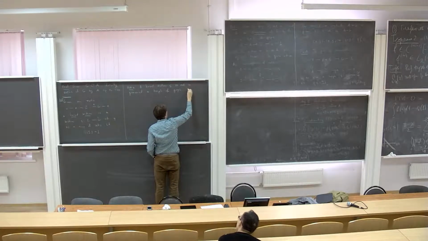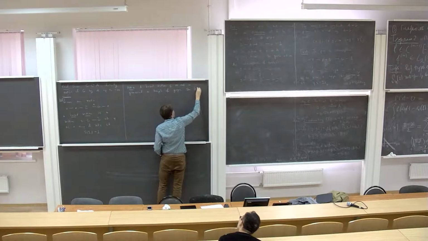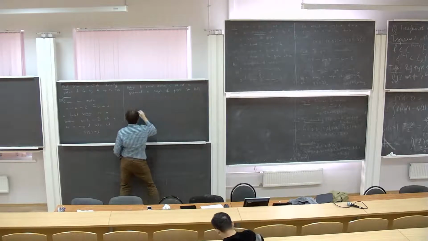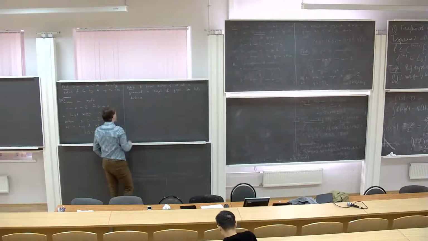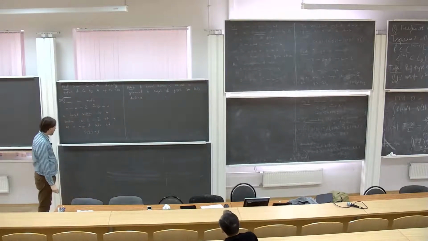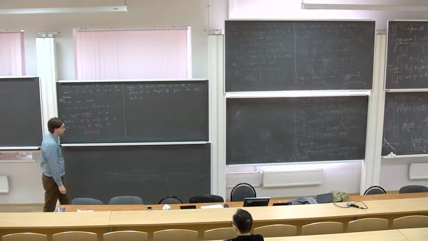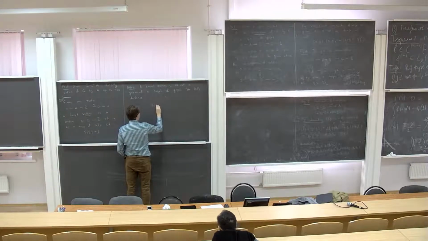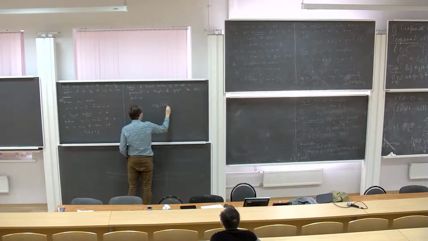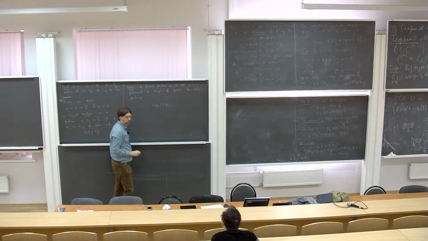So let's define a two cochain from it. So let's define its failure to be a homomorphism. So let's look at S of G1 times S of G2.